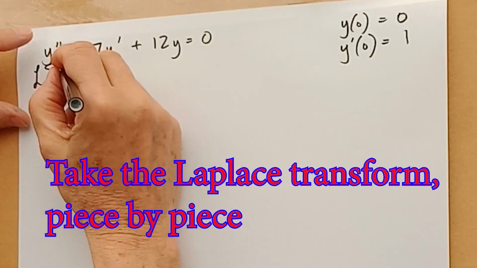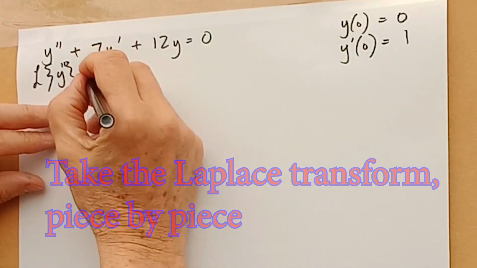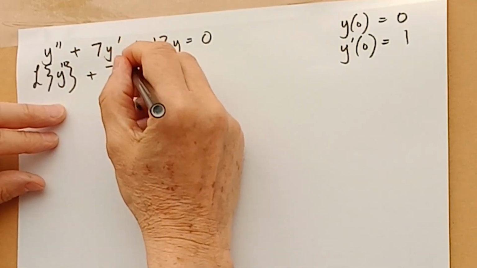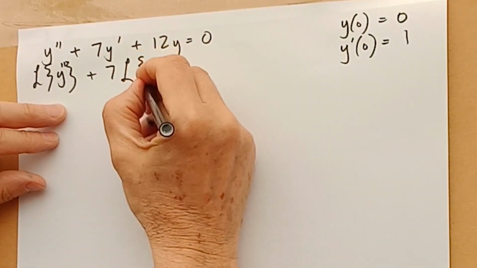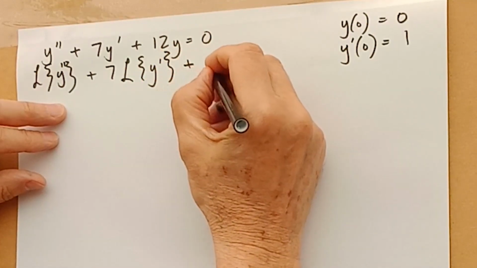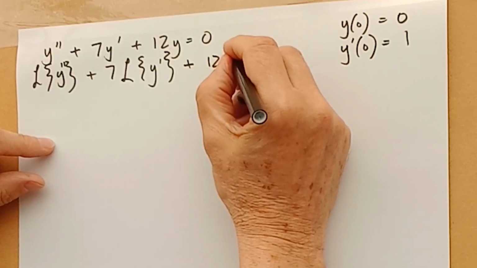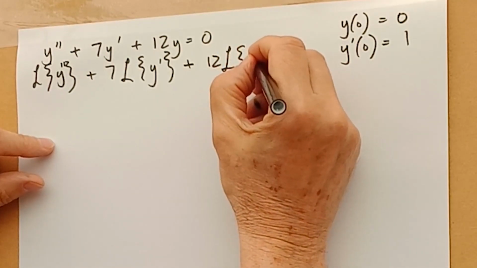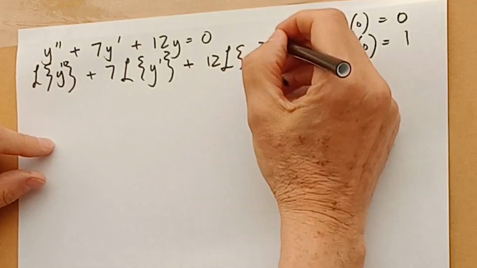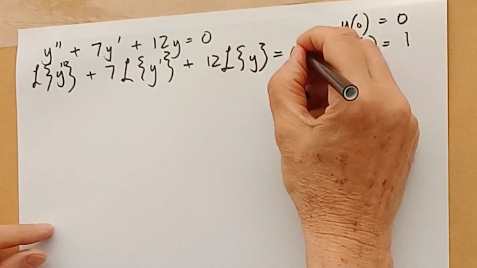So the Laplace of y double prime plus 7 times the Laplace of y prime plus 12 times the Laplace of y equals the Laplace of 0, which is just 0.